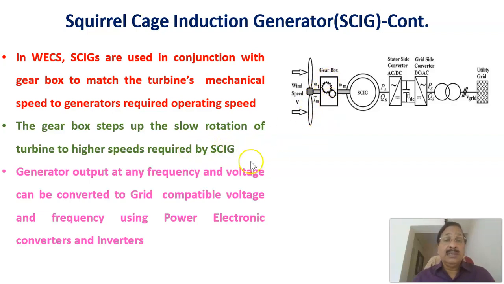The generator output at any frequency and voltage can be converted into grid compatible voltage and frequency using power electronic converters and inverters. That is shown here. Therefore, this is a squirrel cage induction generator.